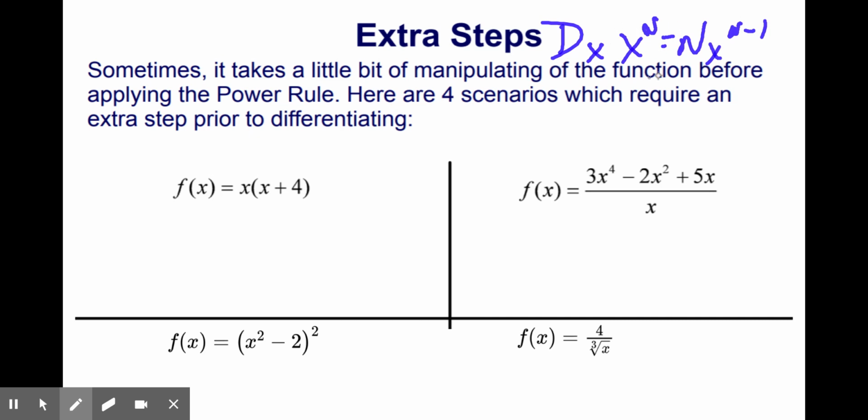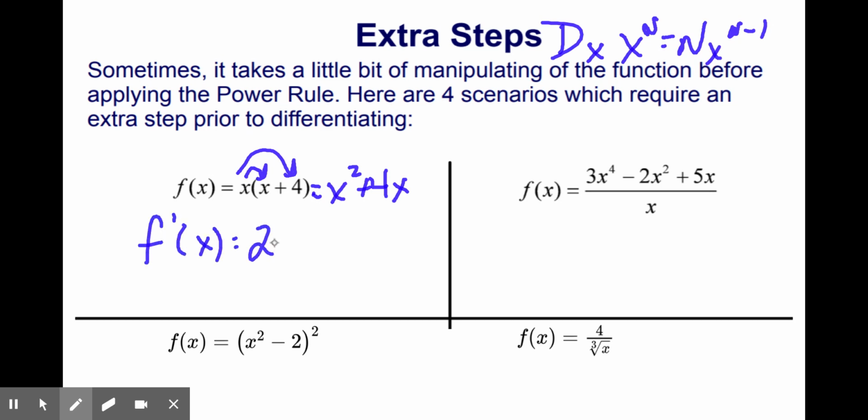If it does not look like this, a variable to a power, you cannot use the rule until it looks like that. So, for example, f of x is x times the quantity x plus 4. Distribute the x. You would get x squared plus 4x. Now you can use the power rule on it. F prime is 2x plus 4.